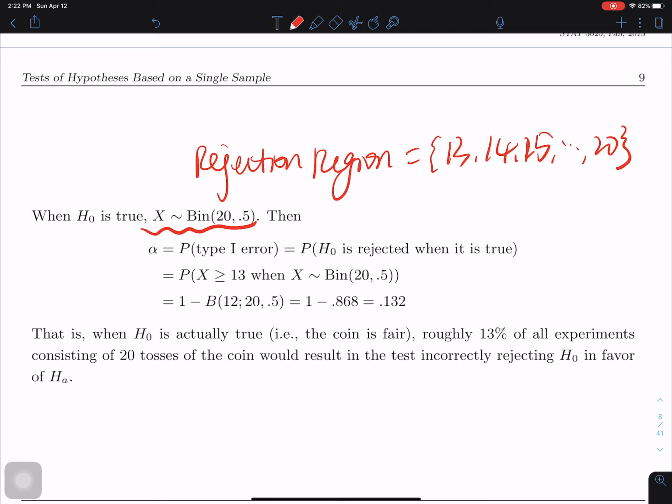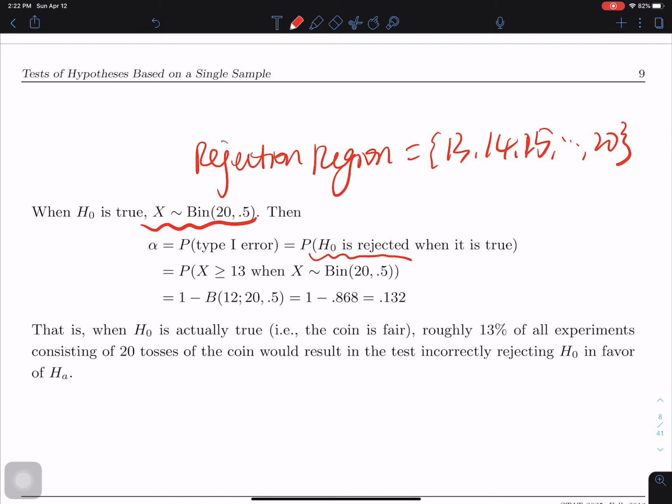Because our rejection region is from 13 to 20, when my observed x is greater than or equal to 13, then my H0 is rejected.